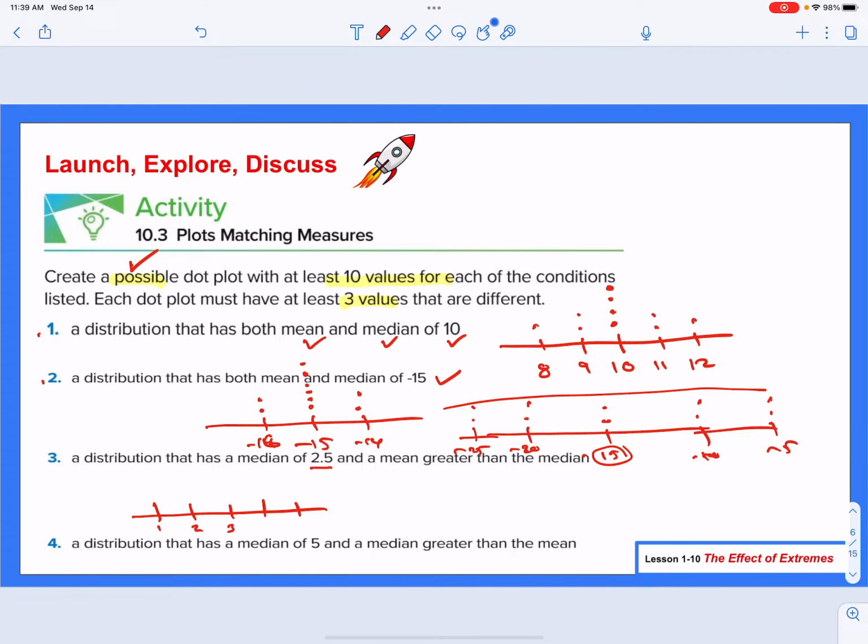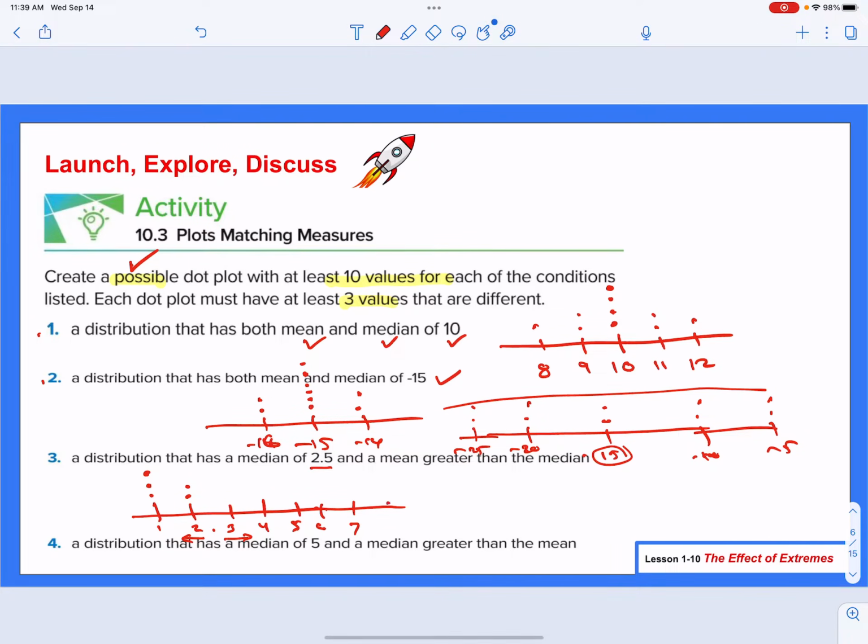And I want my middle value to be here at 2.5. So I want to make sure that I have half the values on this side and the other half on this side. So I can have 1, 2, in this case here, or 1, 2, and 3 would work. And I could do 2 there. So now I have 5 values over here on this side of the line.